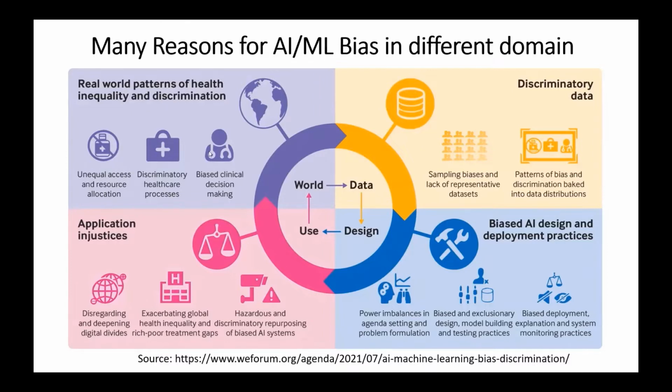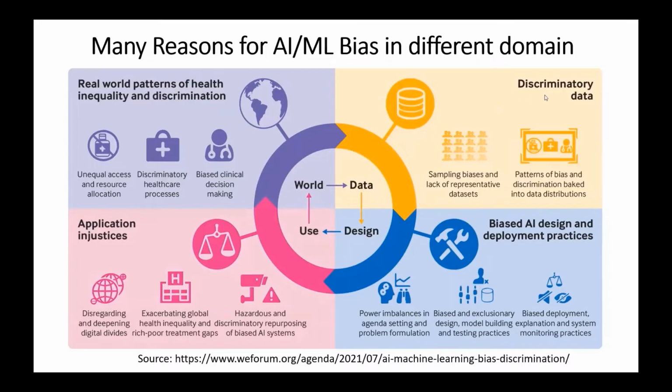This relates to the healthcare and discriminatory healthcare processes, who will get the service, who will not, and then the biased clinical decision making. So that's the area in healthcare in this example.